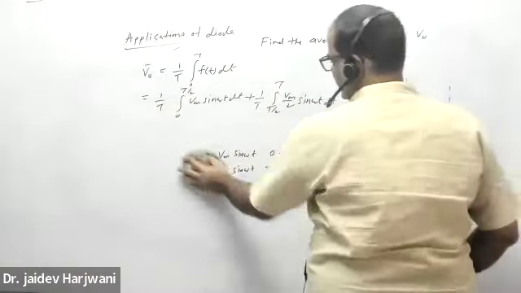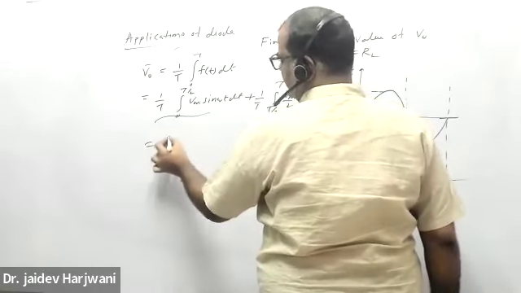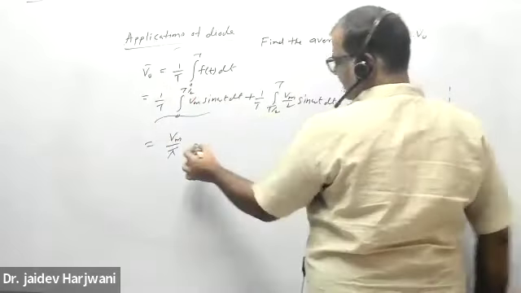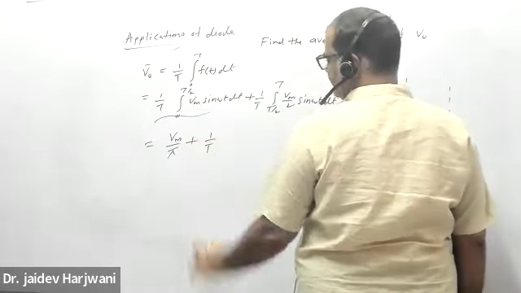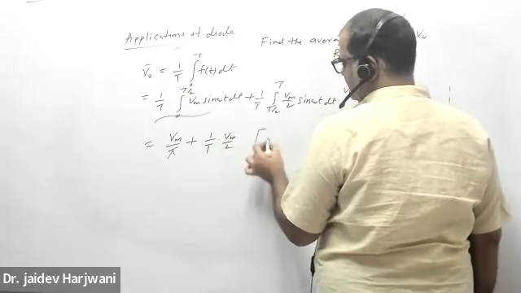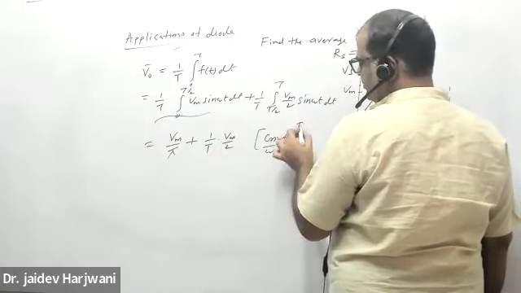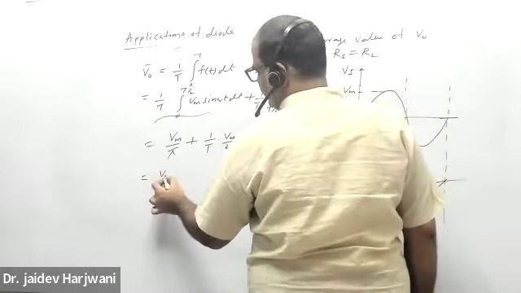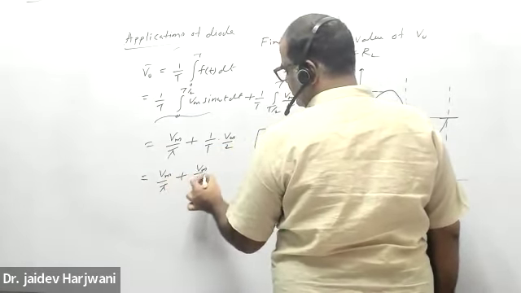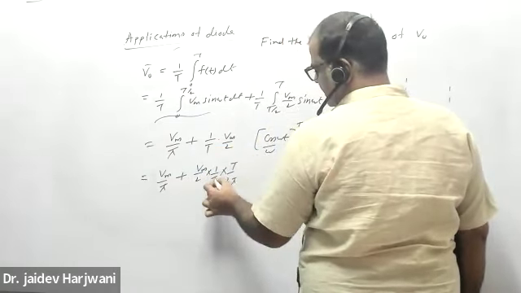This is the function, and this is the half rectifier we already know. If I solve this one, I'll get Vm by pi. Here something will change. Now I have 1 by T, Vm by 2. This will be cos omega t by 2 pi by T. So Vm by pi plus Vm by 2, 1 by T, this is T upon 2 pi.